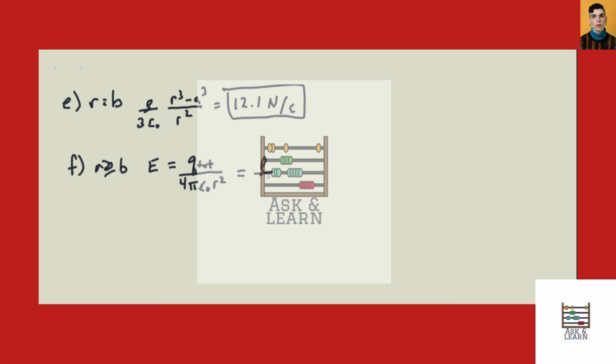The total charge works out to be rho over 3. This epsilon naught is not part of the charge, but it goes there to look nice. And then b cubed minus a cubed. So rho over 3 times this difference is the total, well, plus a 4 pi, but then it cancels out there, over r squared.